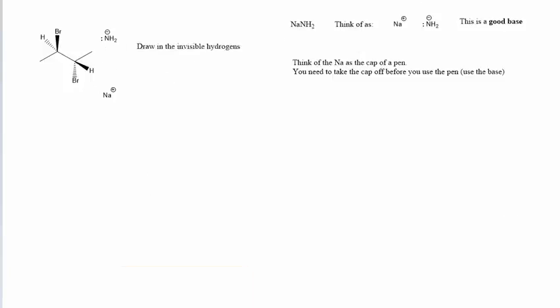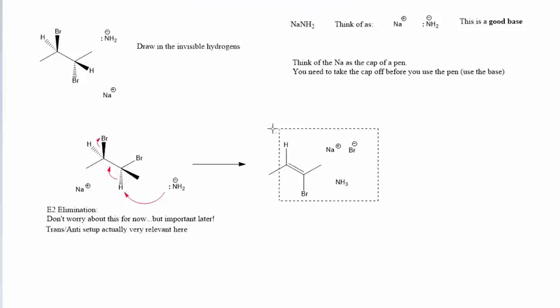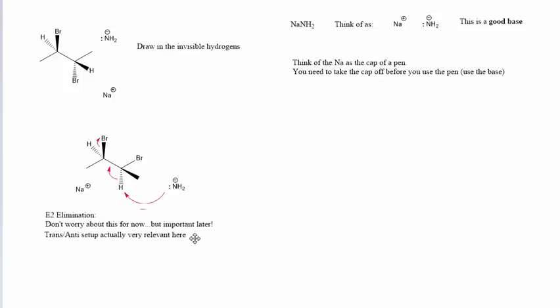So with those hydrogens drawn in, now we can actually do our reaction. So the first thing is that we have the attack on the hydrogen. I'm deleting things because I don't want to give you too much information too soon.